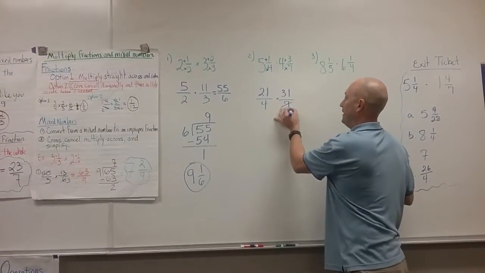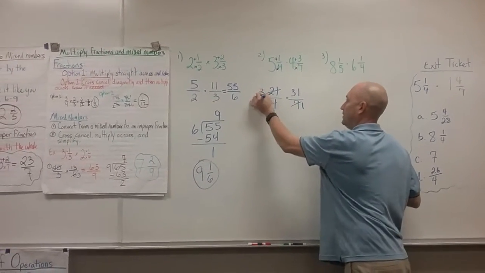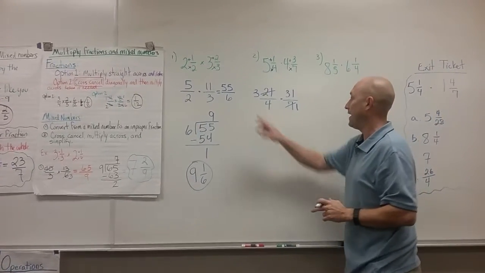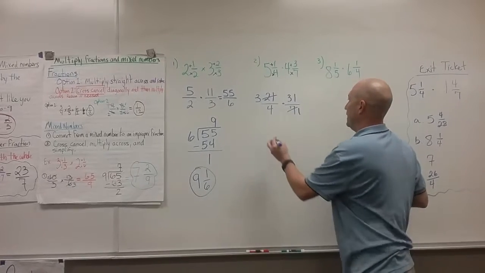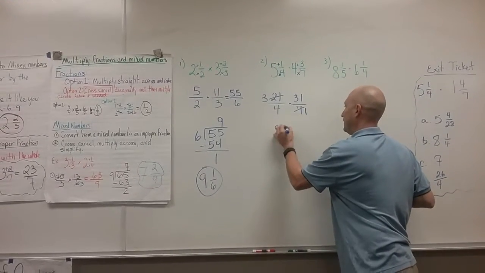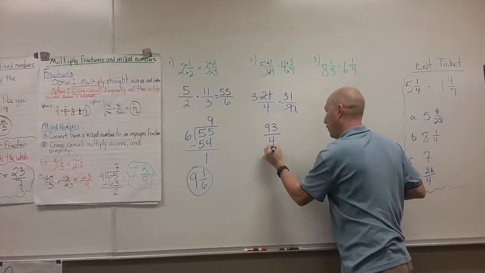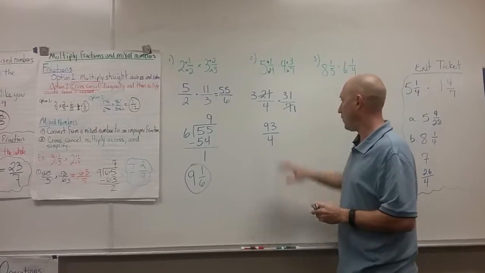So 7 divided by 7 becomes a 1. 21 divided by 7 becomes a 3. Now I've got smaller numbers to work with where I can do more mental math. 31 times 3 going across would be 93. 4 times 1 would be 4. So I get an improper fraction of 93 over 4.